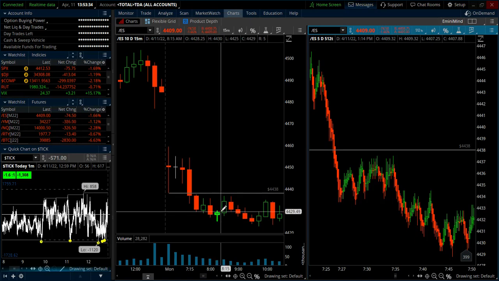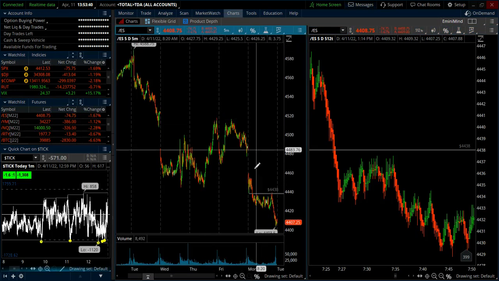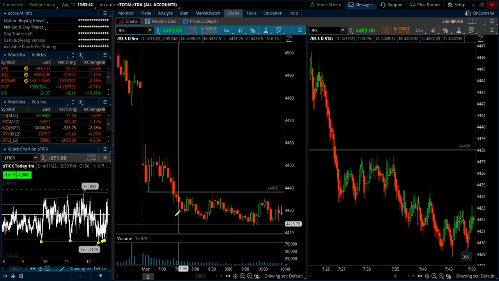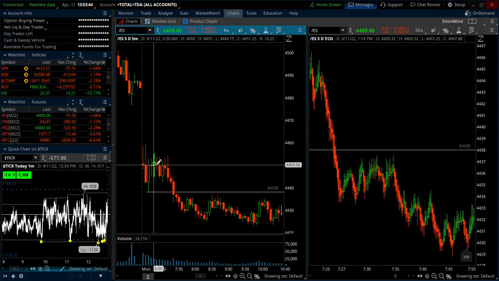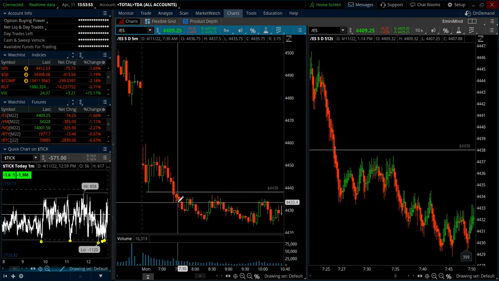So kind of slow, really not doing much else. If I go to a 5-minute chart, you can really see within that morning session, dead sideways off the open, just hovering right around that opening price. Then we got the move down, broke, got in the trade, and then sort of drifted down.